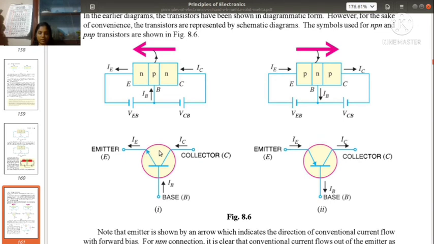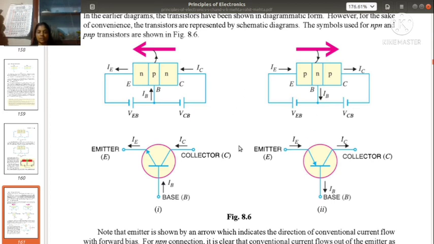But in the case of the PNP transistor, the holes move in this direction. The direction of flow of positive charge is the direction of current, so it is inward. In the emitter region the current is in the inward direction, so we show the arrow inward. So this is the symbol for the PNP transistor.